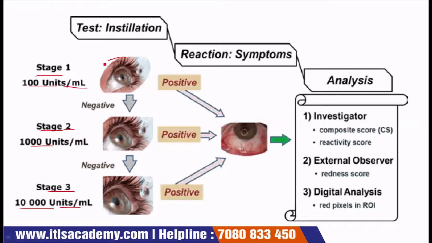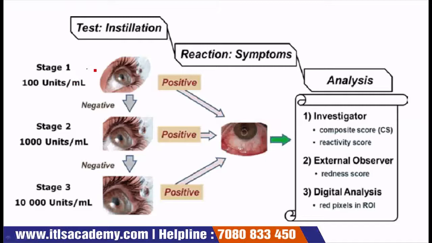In the first stage, after the test, if this is positive, then we move further to symptoms and analysis. And if this is negative, then we go to the second stage. In the second stage, the test is done with 1000 units per ml, while in stage 1 there were 100 units per ml.